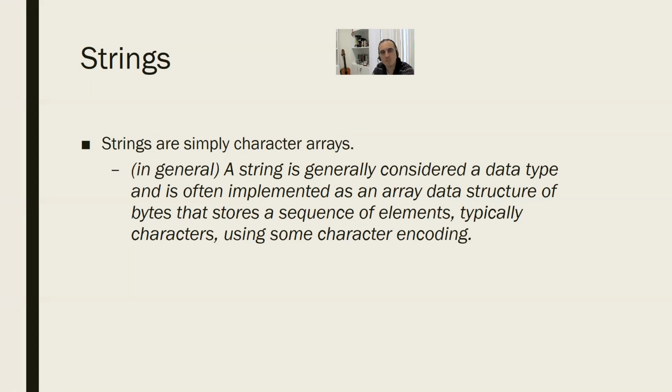Let's say 16 bits, because 2 to the 16 is about 65,000, enough for representing thousands of characters. So each character will be representing a kanji, and that is a string as well.